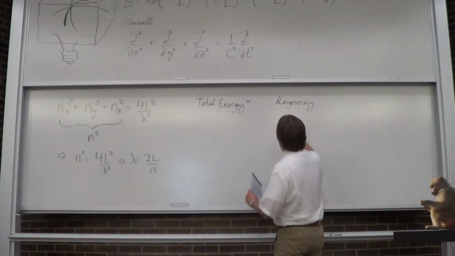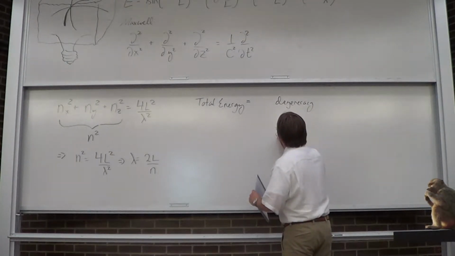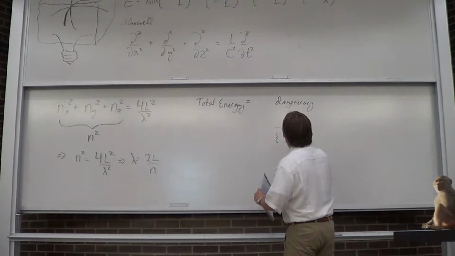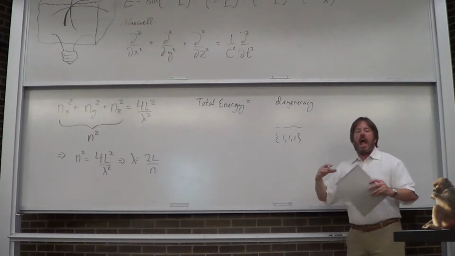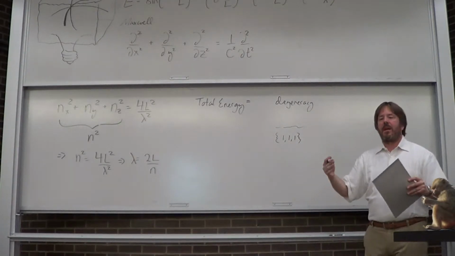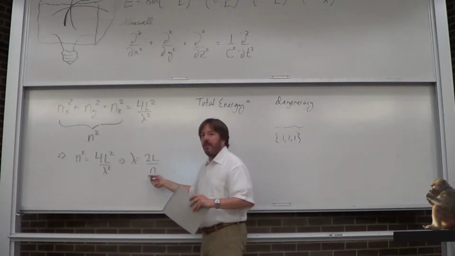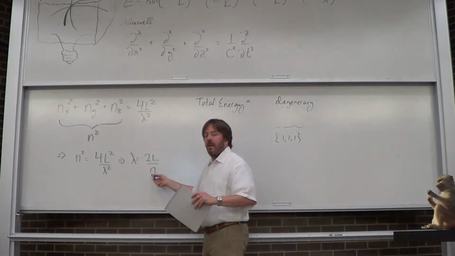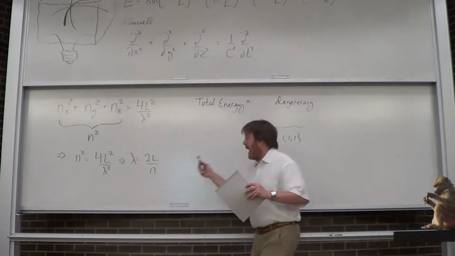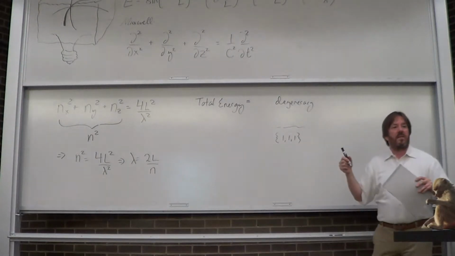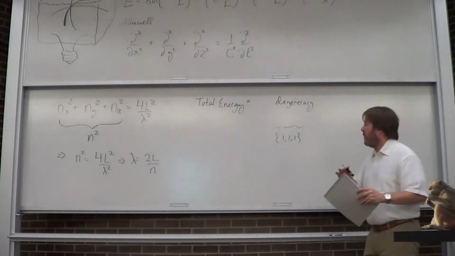Now let me show you what that means. This is an aside. When I have the set 1, 1, 1, which is what I drew up there, how many ways can I write that? That gives me one wavelength, because that makes n squared 3, so that's the square root of 3. And there's one wavelength for that. How many other ways can I write the set 1, 1, 1? Just one.